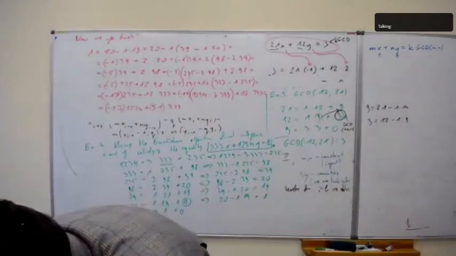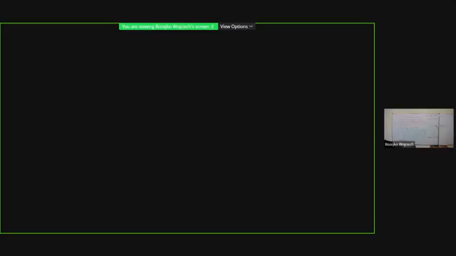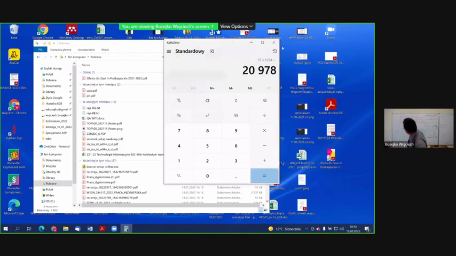Maybe with the calculator, because this is a strong mathematics calculator. So 17 times 1234. This is something like this. Whoa. Okay, with the minus, of course. 20,978.